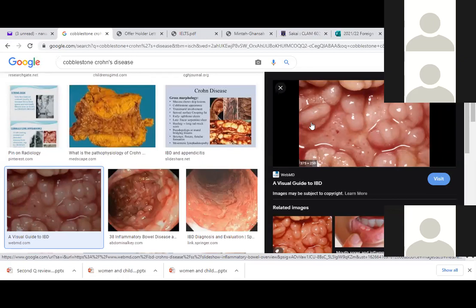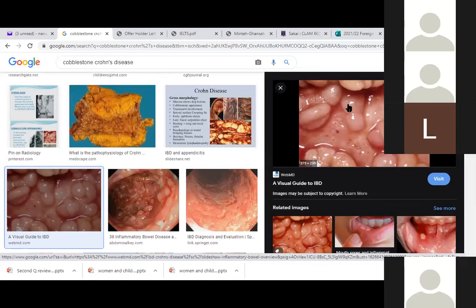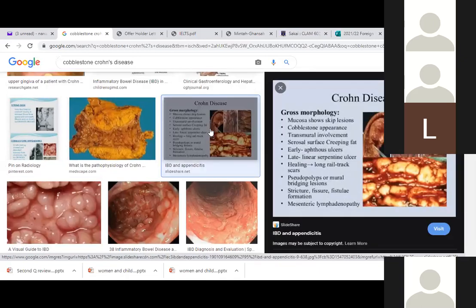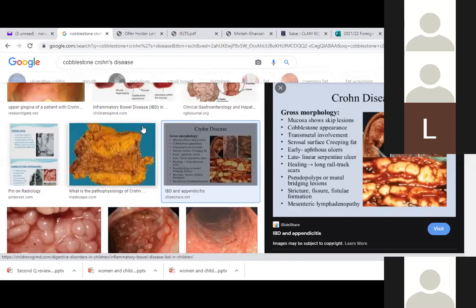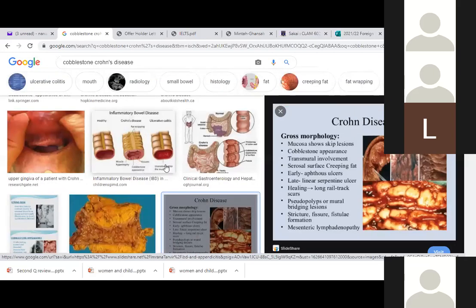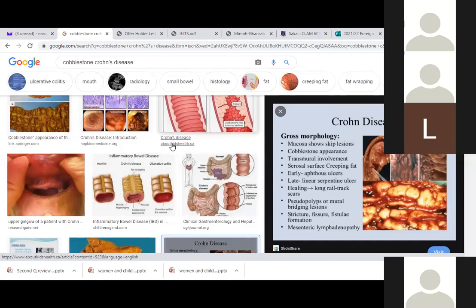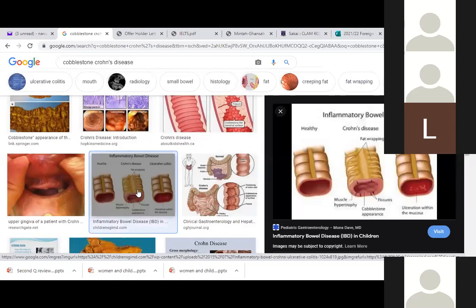So this is the inside of the gastrointestinal tract, the mucosa, showing the clear cobblestone appearance. Okay, great. So let's use this picture.